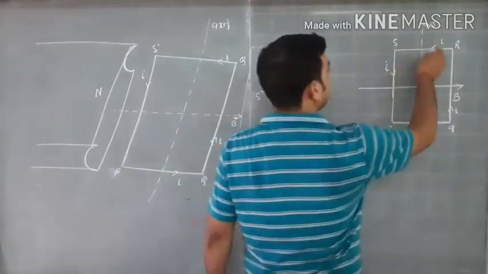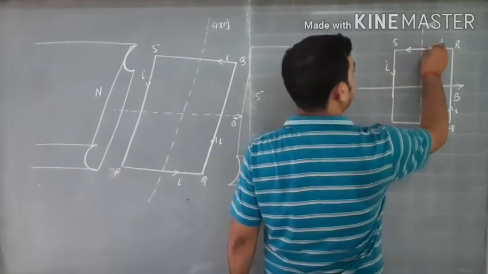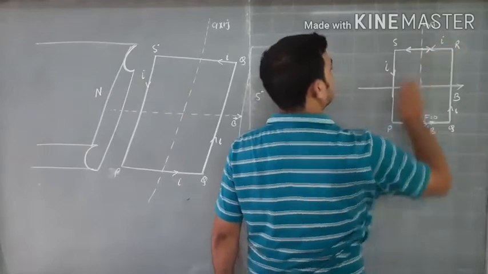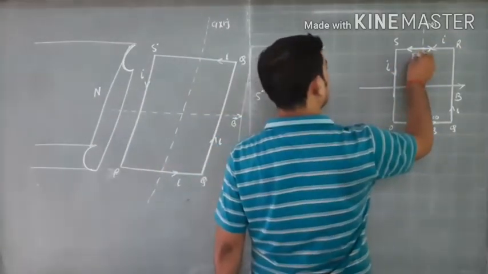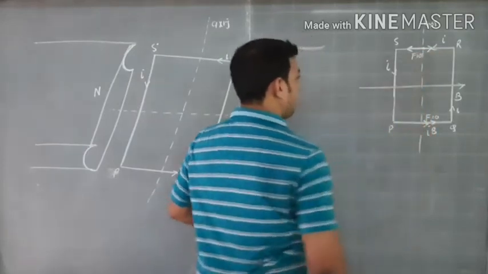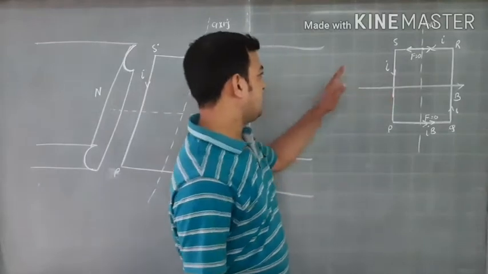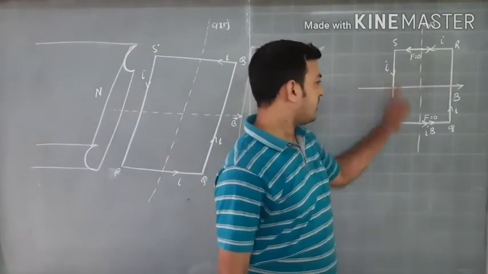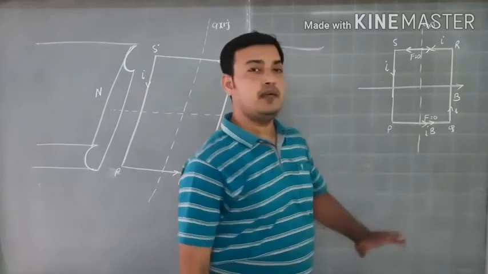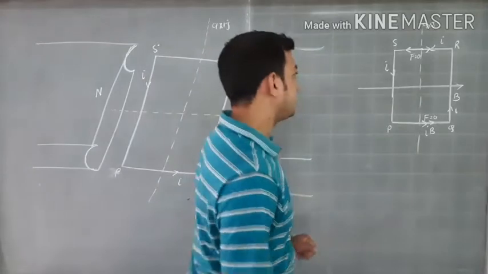Similarly, here at this point the current is to the left, the magnetic field is towards the right, so there is an angle of 180, and once again the force acting here is 0. So if I place my coil like this, that is perpendicular, then the force on the RS arm and QP arm will be 0 because the angle will be either 0 degree or 180 degree.